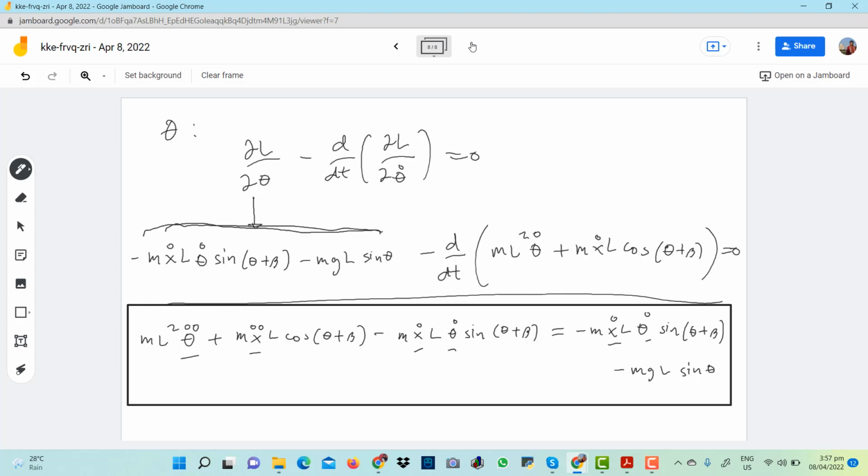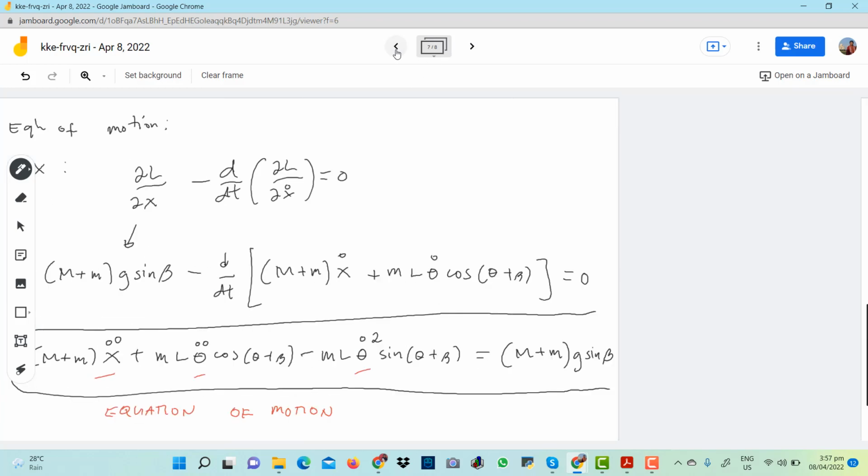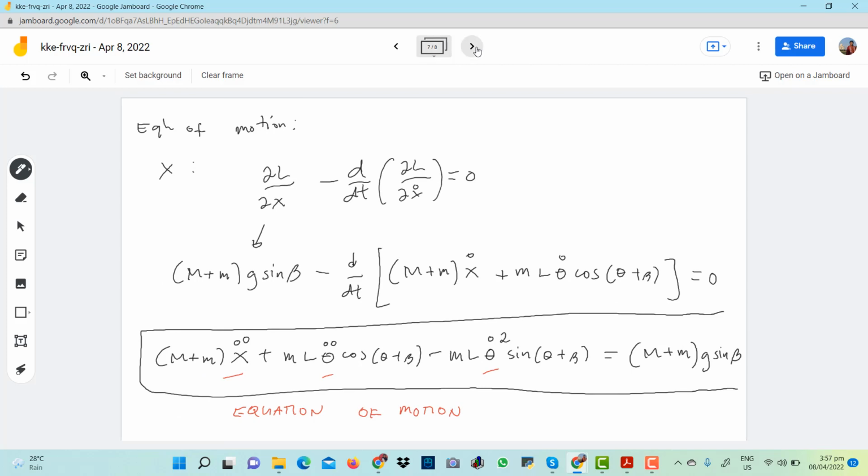Again, this is a differential equation, and since it is coupled, we get two differential equations.